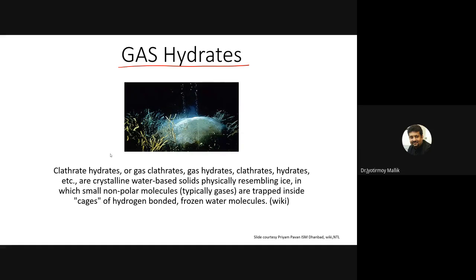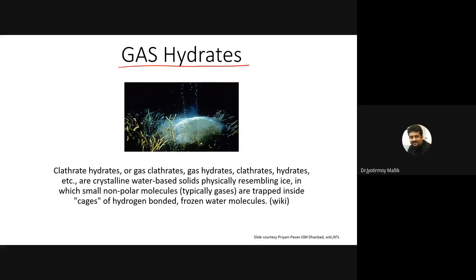What are they? They are crystalline water-based solids physically resembling ice, in which small non-polar molecules, typically gases, are trapped inside cages of hydrogen bonded frozen water molecules.